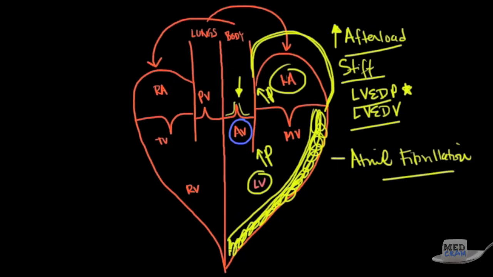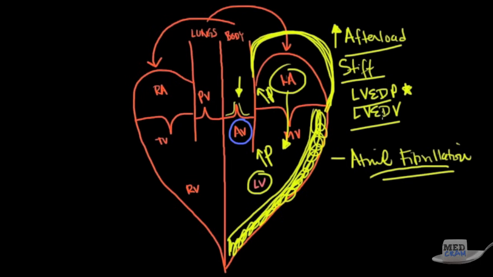If the left ventricle is very stiff, then it's very difficult for blood to get into the ventricle to be pumped out, and you depend very specifically on something called atrial kick. It is the contraction of the atria right before the ventricle contracts. That gets a little bit more blood into the left ventricle before it gets pumped out through the aortic valve. In atrial fibrillation, however, you lose all of that contraction.